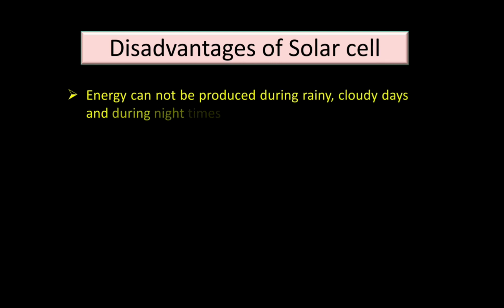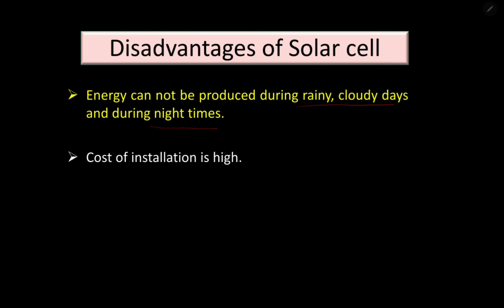Now coming to the disadvantages of solar cell, the energy cannot be produced during rainy, cloudy days and during night time, because it requires solar energy, right? The light coming from the sun is used to initiate the process, and during the rainy season or cloudy days or night times, there is no sunlight available, and hence energy cannot be produced during these times.